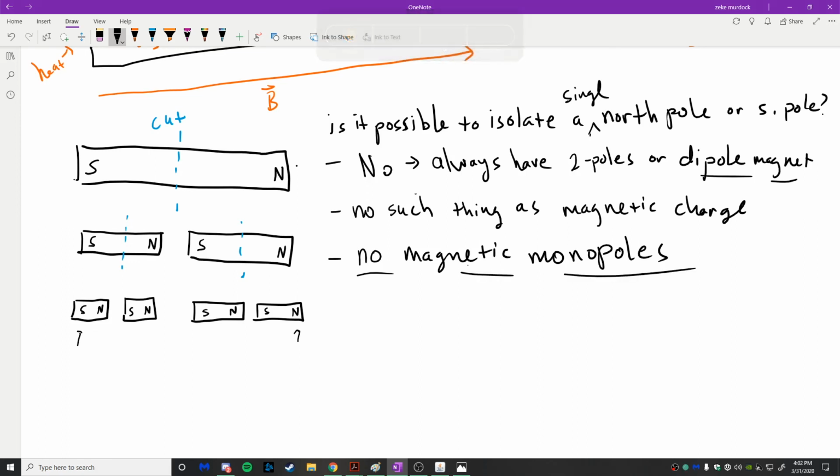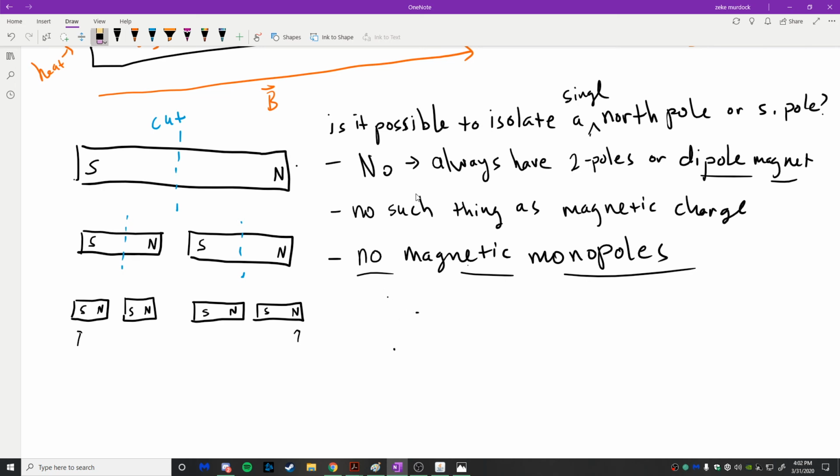We have been searching for magnetic monopoles. When I say magnetic monopole, does that phrase make sense to you guys? It would be something like a single north pole around which we could draw field lines like this or something like this. That doesn't exist, okay? Or a single south pole around which we could draw field lines.